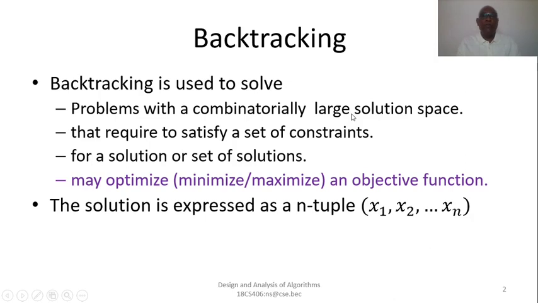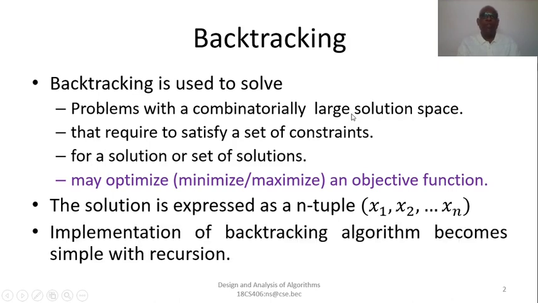The solution is often expressed in the form of an n-tuple x1, x2, ..., xn. And the implementation of backtracking algorithms is very naturally done by making use of recursion. Now let's look at all these aspects of backtracking with the help of an example.